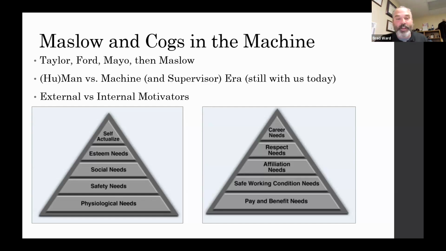And what they found is that productivity went up anyway. Somebody had mentioned when the supervisor's around or not around; what they found is since they were being studied, it didn't matter what happened externally. If they were being studied and watched, their productivity went up anyway, which was kind of interesting. But they were only looking at external things.